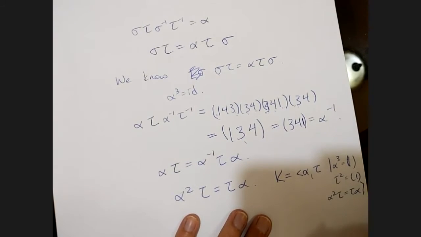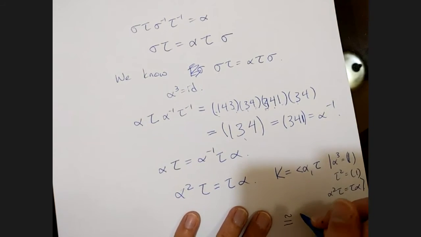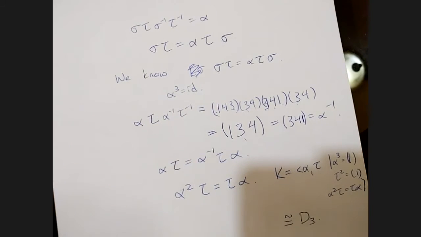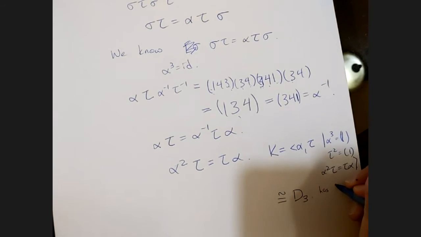So sitting inside H, we have this subgroup, which is isomorphic to, if you remember, the subgroup D3. Okay, and that can help us compute the subgroup H, so it has 6 elements.